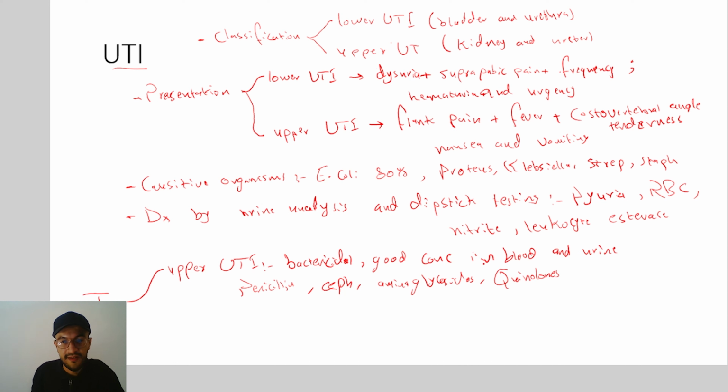We can't use vancomycin because it covers only staph, and the most common causing organisms of the UTI are gram-negatives.